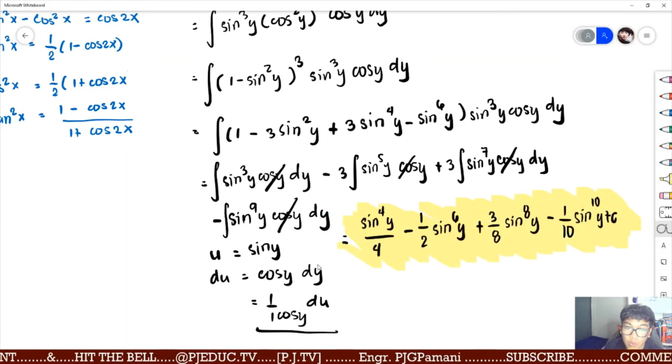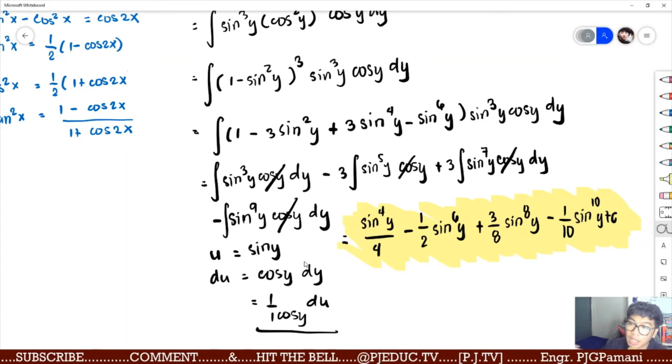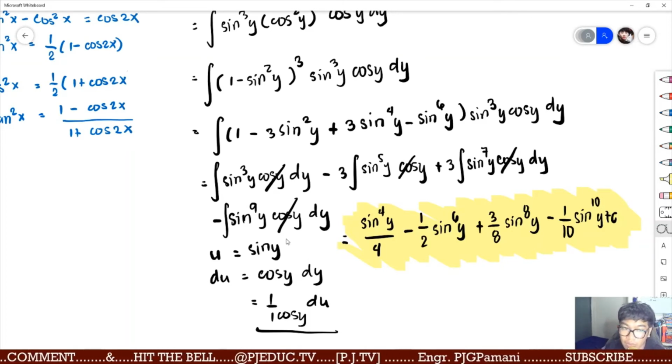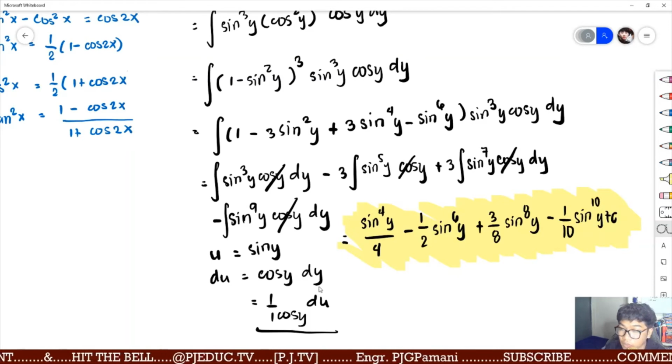Hanapin lang yung common terms that if ever I differentiate that term, one of them will be cancelled out. And I'll then be able to introduce a correcting factor and apply the other integral formulas without compromising each other's terms. Kung yan ay sine cube y, wala si cosine y.